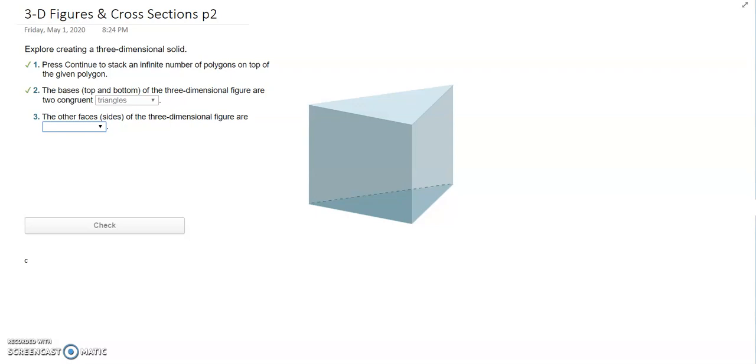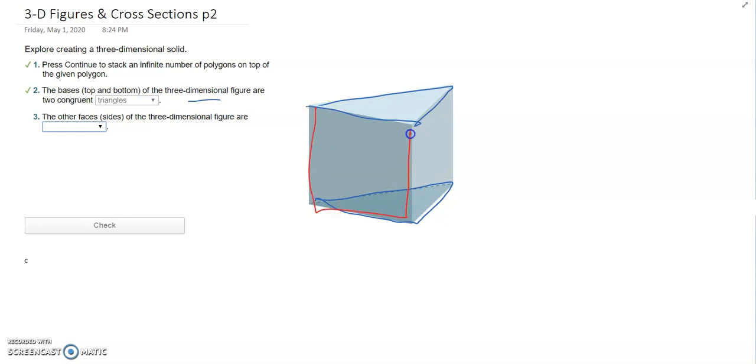Question on slide 2 says, we already clicked through one of these. It says the base, top and bottom of the three-dimensional figure are two congruent triangles. We see these two parallel pieces are triangles right here. Those are considered the bases. And then all of the other surfaces are called lateral surfaces.